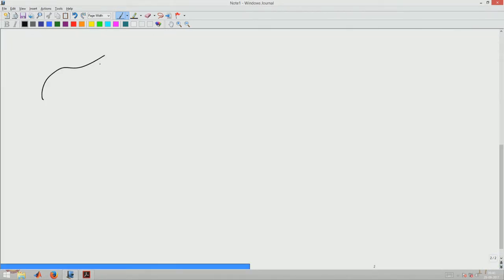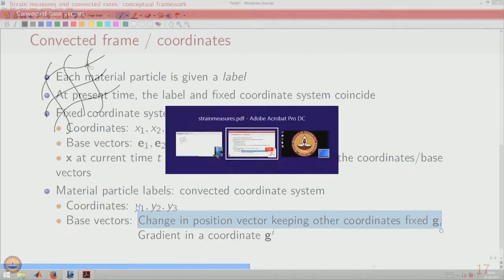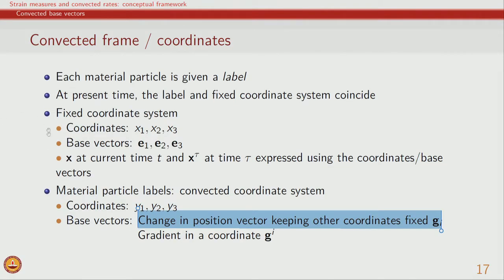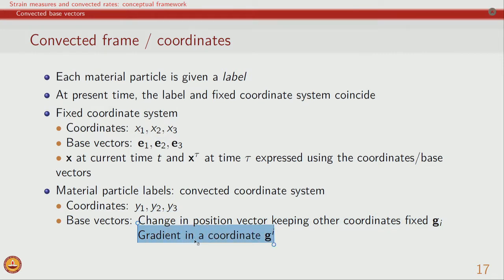So, if we have the material which is deforming and all these material points are moving, in this case we can also look at an alternate set of base vectors, and those are defined by the gradient in coordinate, and that will define another set of base vectors.